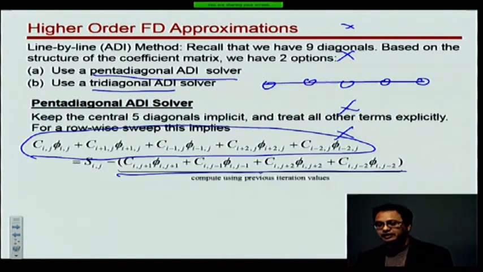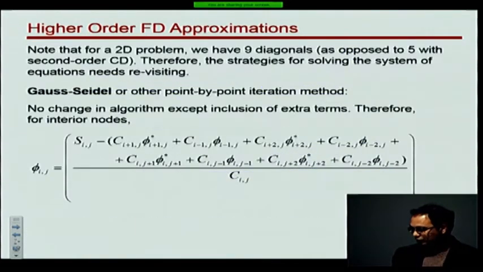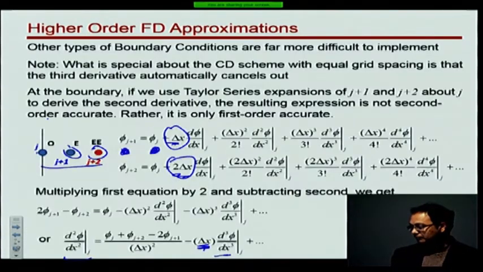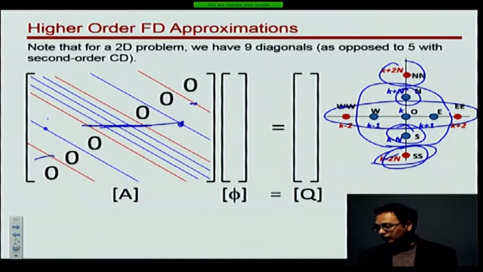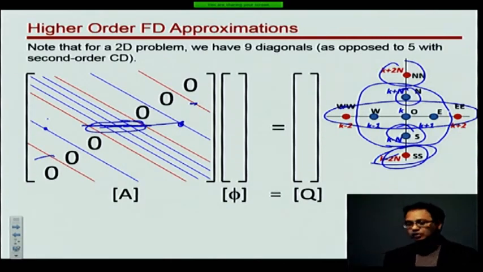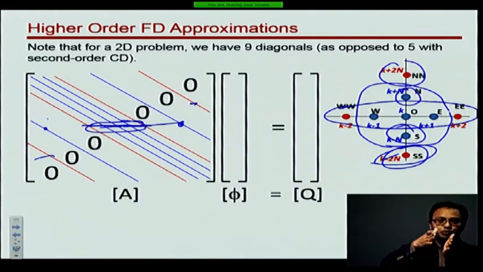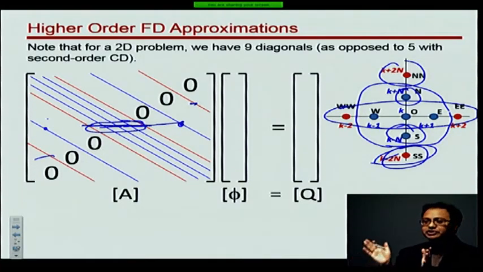Now the contribution of those 5 nodes, let me go back to that picture here, are all clustered in the middle. So this is called a pentadiagonal solver, in which you have 5 bands clustered in the middle. These are again very cheap to use and easy to implement because it doesn't require a full Gaussian elimination.